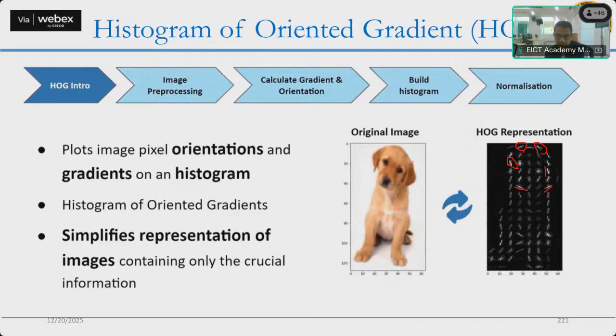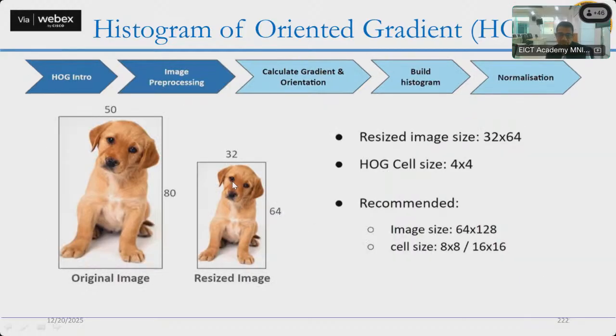This is the original image that you are seeing here. Now here you see this is some angle, here this is some angle, here this angle is there. So what do we do in pre-processing? We resize it to 40 by 80, then you take it to 32 by 64. Why 32 by 64? Because when you take a block of 8 by 8 cell or 4 by 4, you will make a complete block.